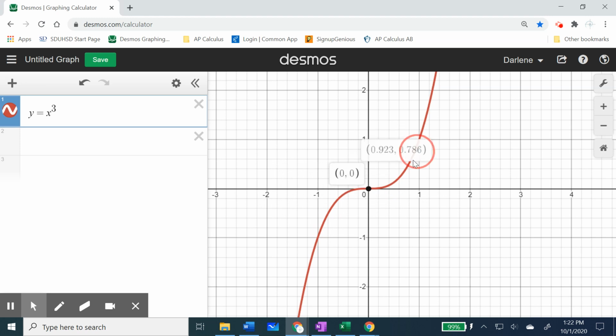Over here, does that look like part of a smile? That makes it an inflection point. If you don't see it, don't worry about it. But this is like half a frown, half a smile. An inflection point is a point where a graph changes from frowning to smiling or vice versa.